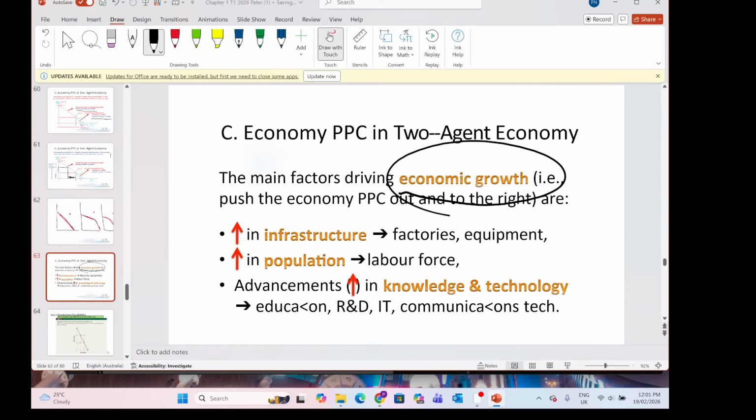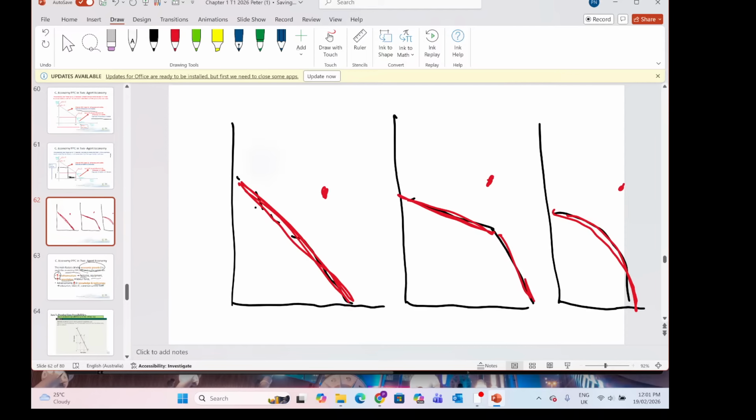We might get it by building more infrastructure, more factories, more equipment, more transport infrastructure, more population, better education, better technology. So over a period of time, even though our production possibility curves do limit our production, it is possible to bring our curve out.